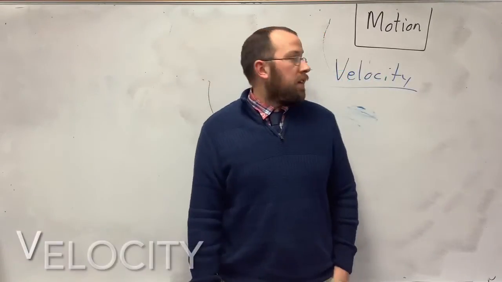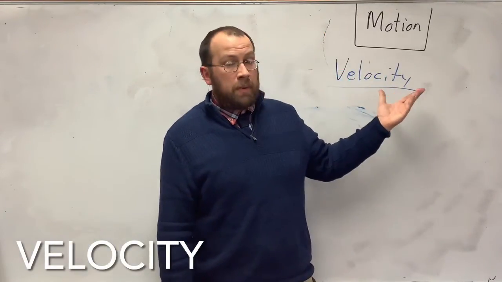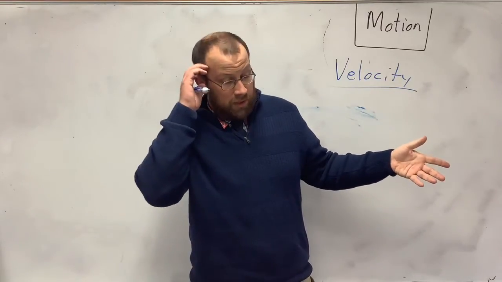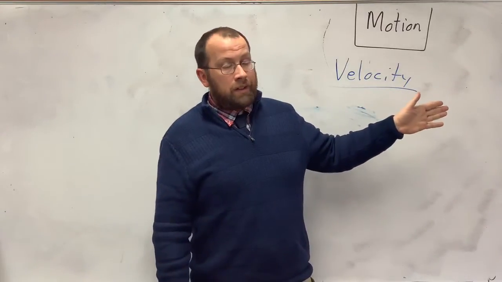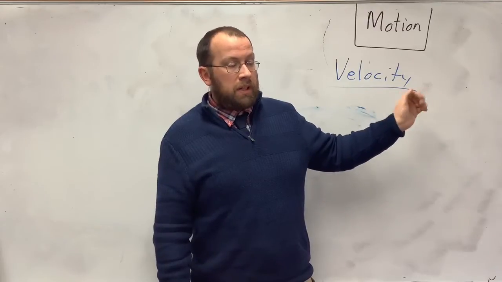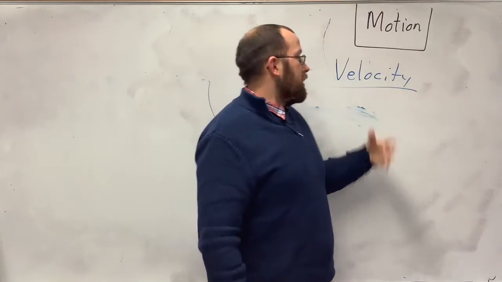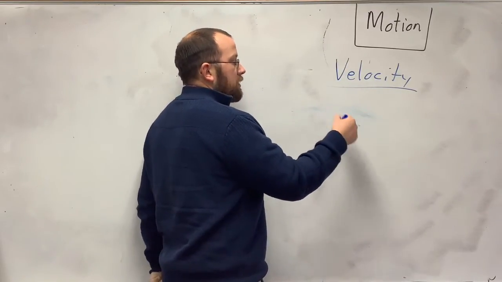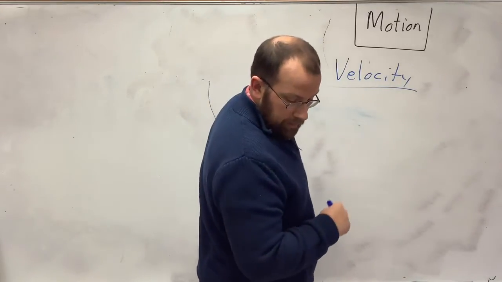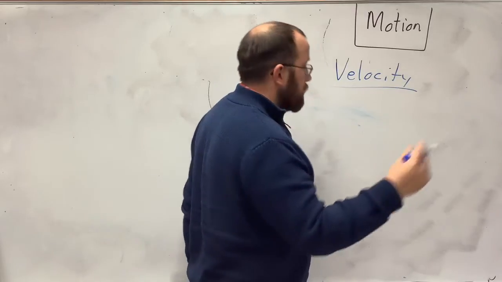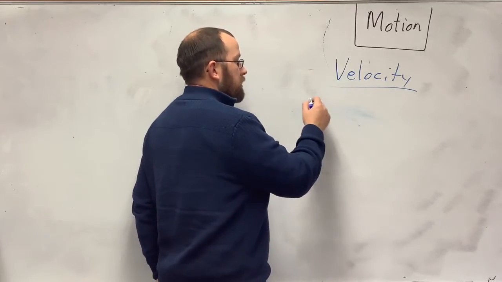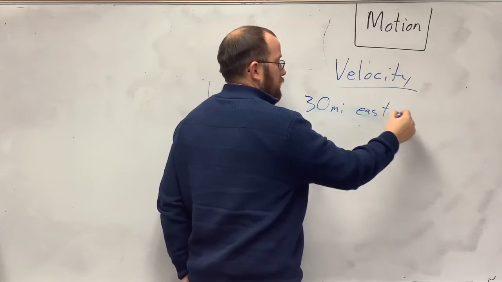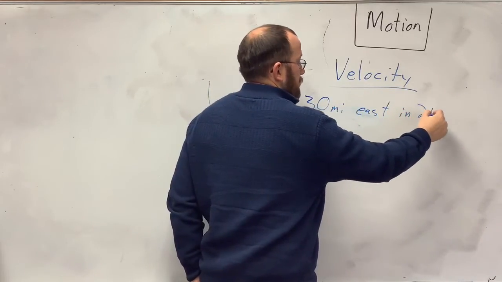All right. Now we have velocity. Velocity is speed with direction because it's a vector. Speed was our scalar, it just had a magnitude, but this has speed with direction, or magnitude with direction. So instead of saying I just went 30 miles in 2 hours, I would say I went 30 miles east in 2 hours.